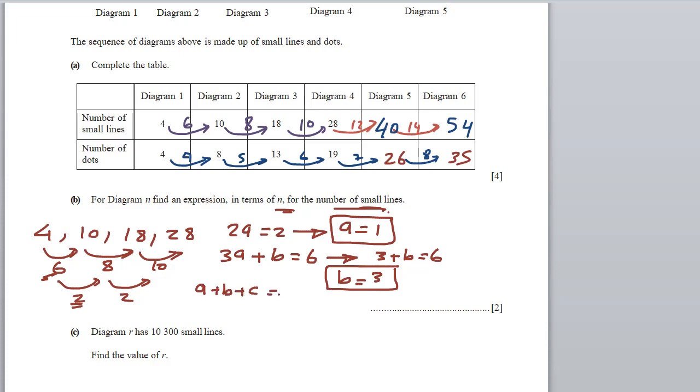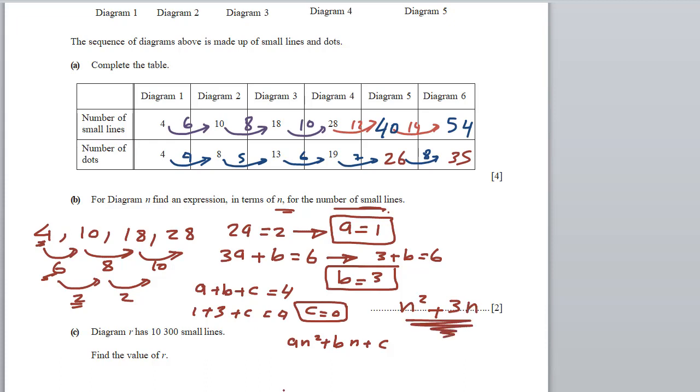Now a plus b plus c equal to 4. So 1 plus 3 plus c equal to 4, c equal to 0. So now I can write the equation a n squared plus b n plus c, so n squared plus 3n. This is the formula.